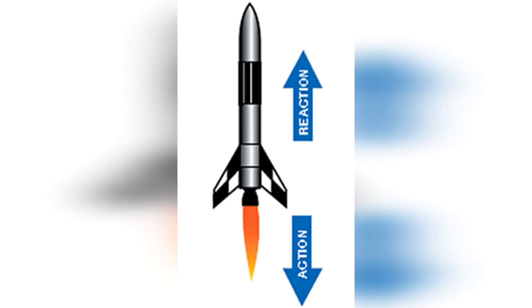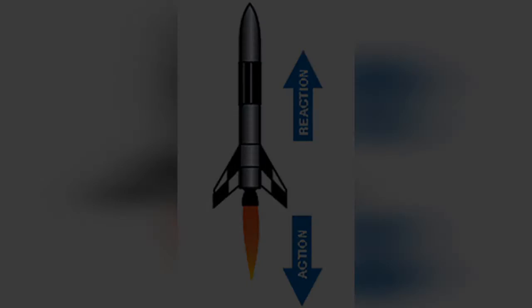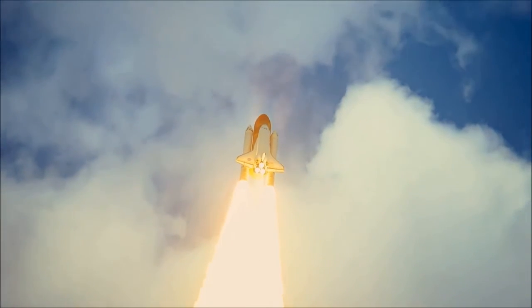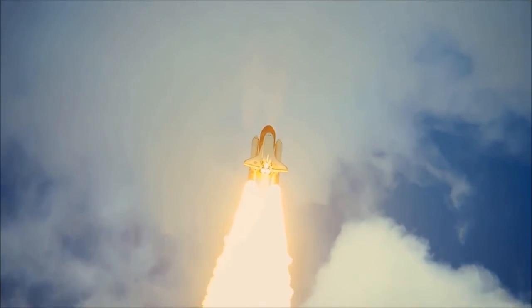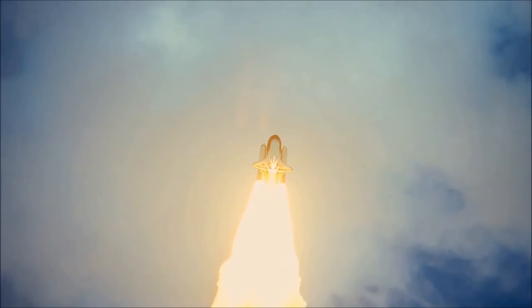The force exerted by the rocket on the gas is the action force and the force exerted by the gas on the rocket is the reaction force. It is the reaction force on the rocket in the forward direction due to which the rocket moves.